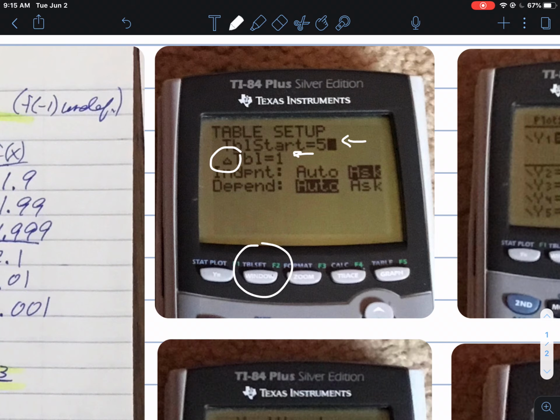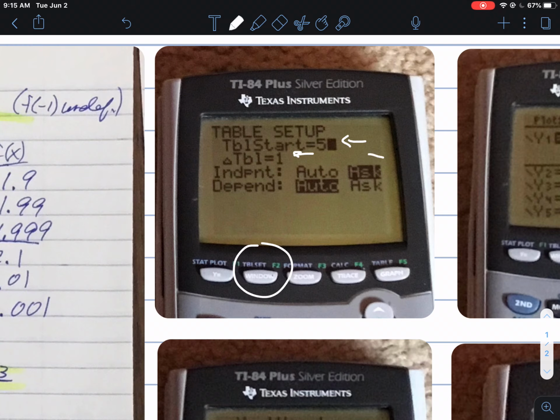You have independent and dependent. Remember from algebra, your independent variable is your input variable, that's your x. Your dependent variable is your output variable, that's your y.